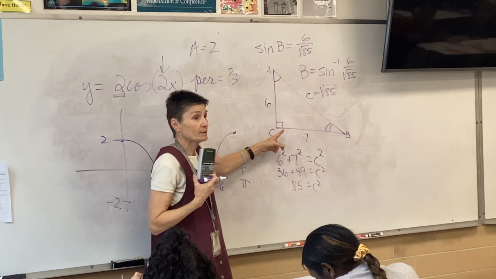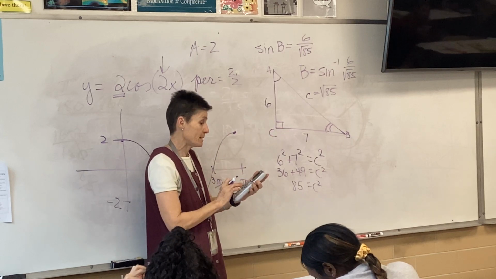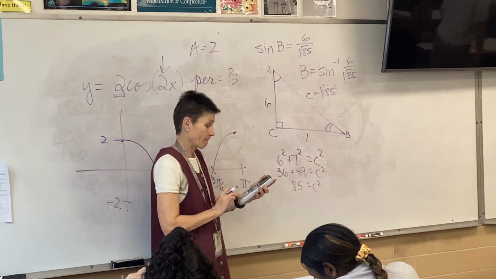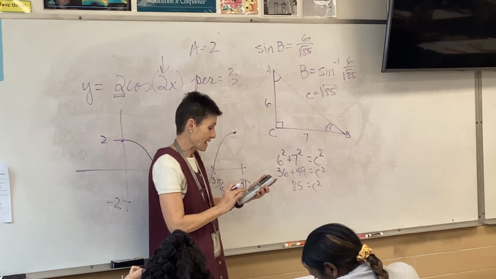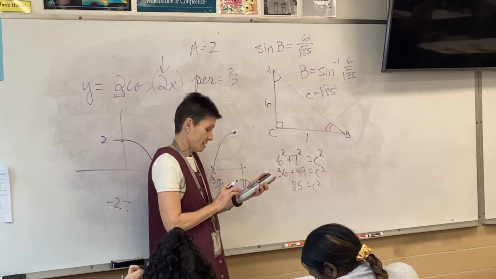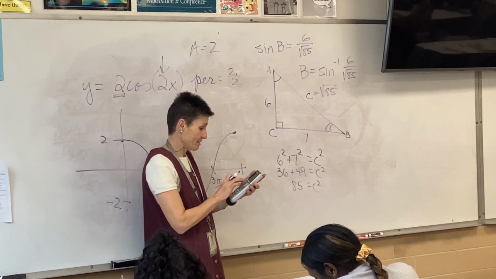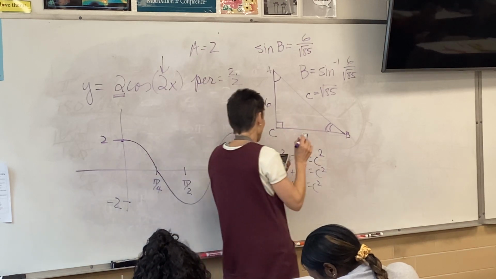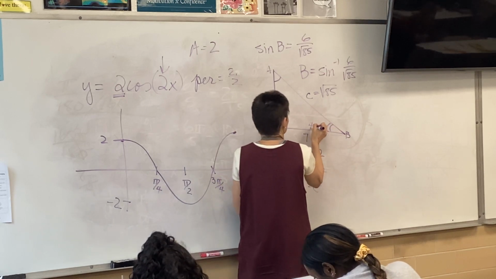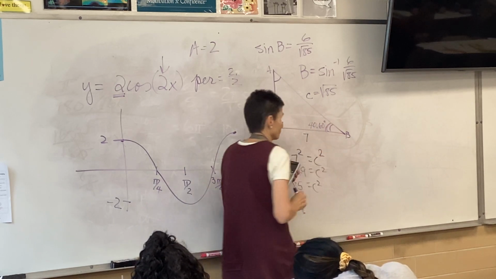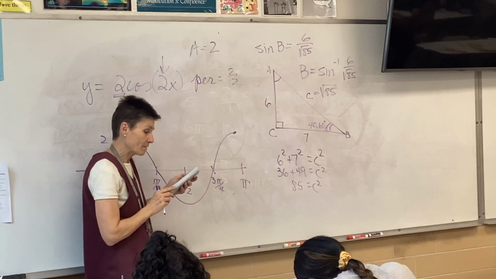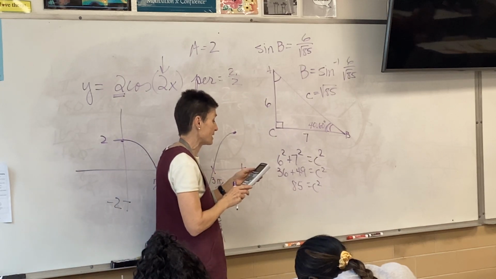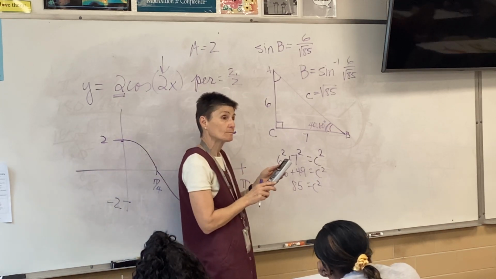Make sure your calculator is set in degrees. And then second sine 6 divided by the square root of 85 equals, did you get 40.60? Yes. Round to the nearest hundredth, so I'm gonna say 40.60.